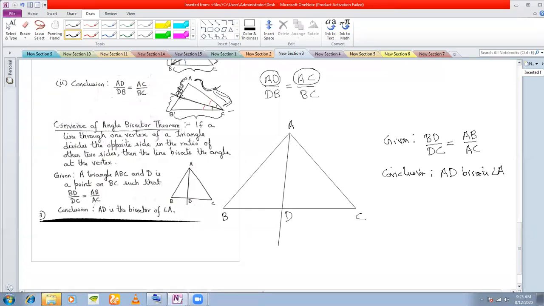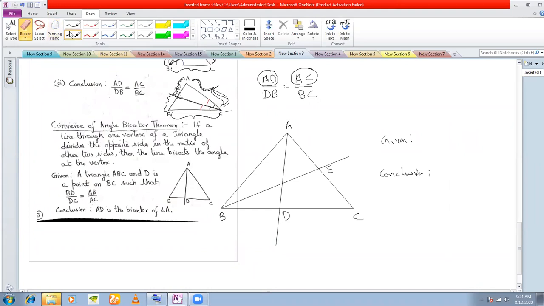Okay, this works for the others also. Suppose instead of this, it is given to you that any straight line, let's call this E, and suppose instead of this being given, it is given to you that AE by EC is equal to AB by BC.